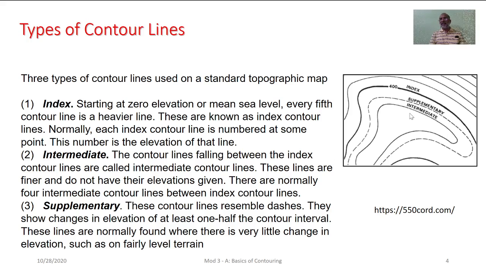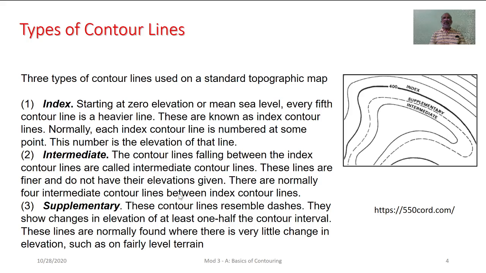So say for example, if we consider this index line bearing value of 400, and if next index value is 500, then in between 400 to 500 there will be 4 intermediate contour lines.